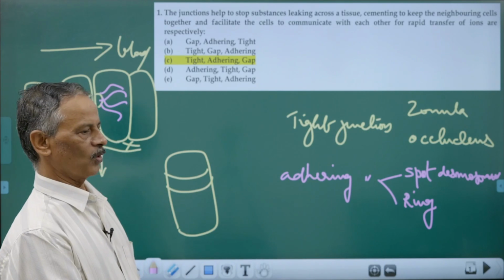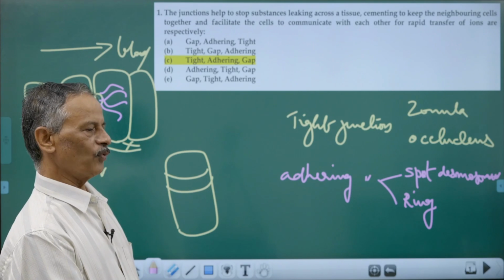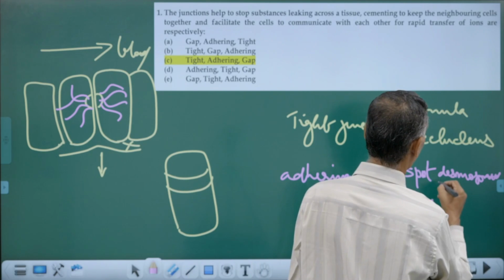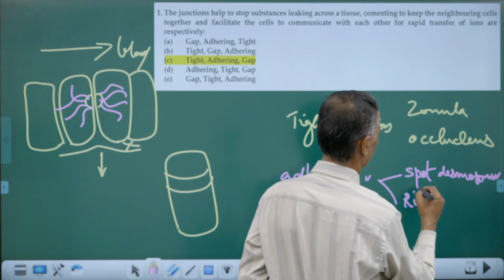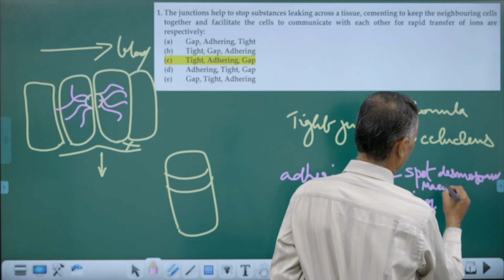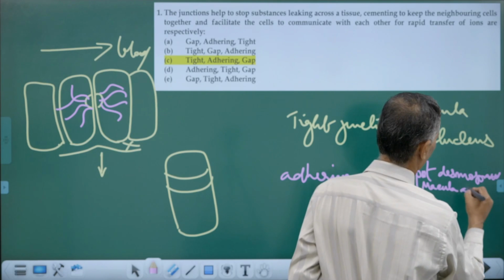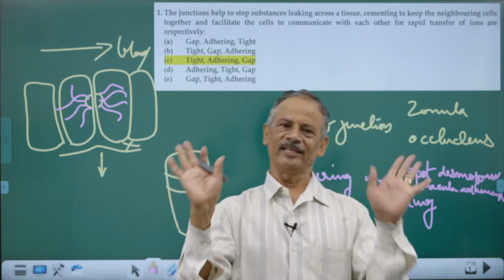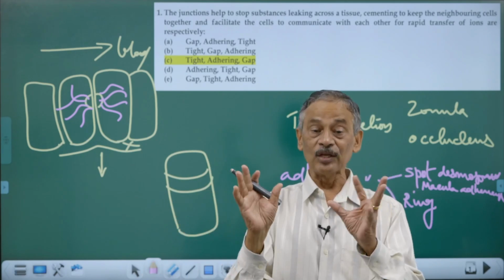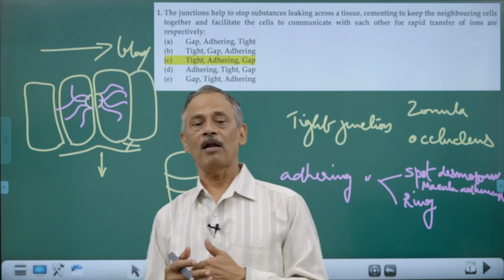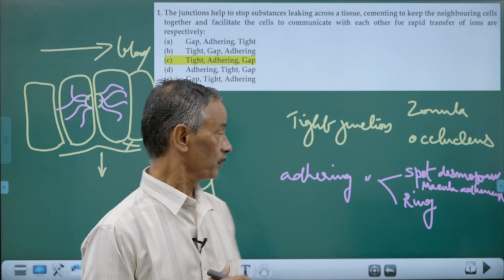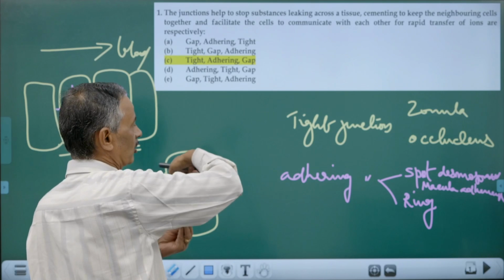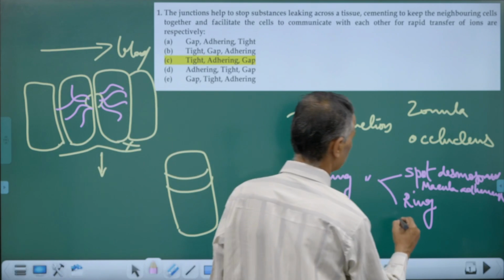They are also given technical terms, namely spot desmosomes are called macula adherens. Macula means a thickening, that's all. A thickening formed for attachment is called macula adherens. And if it is in the form of a belt, we call it a ring desmosome or belt desmosome.